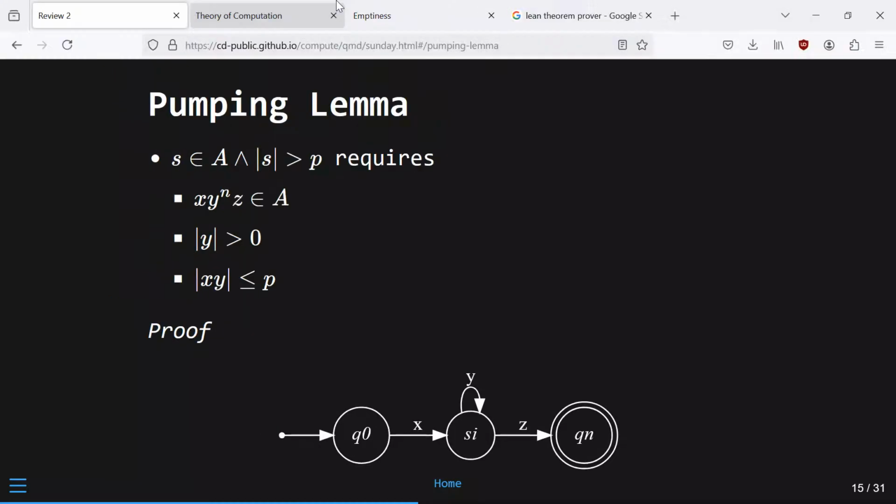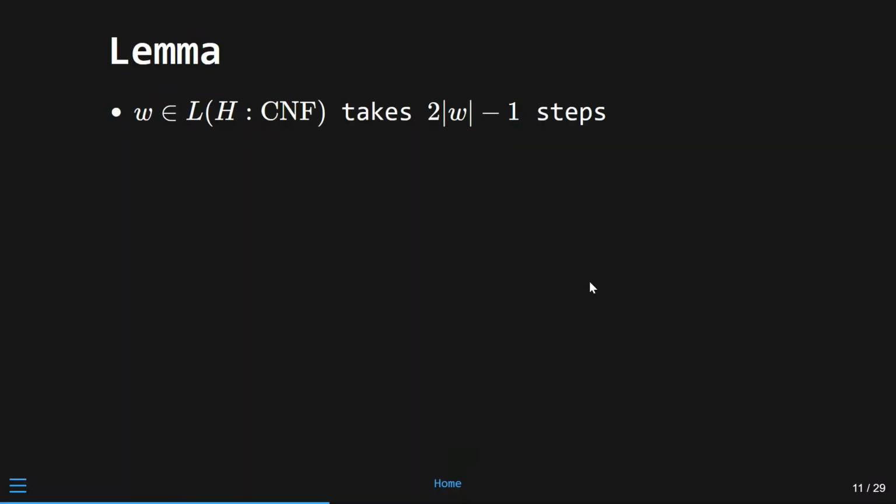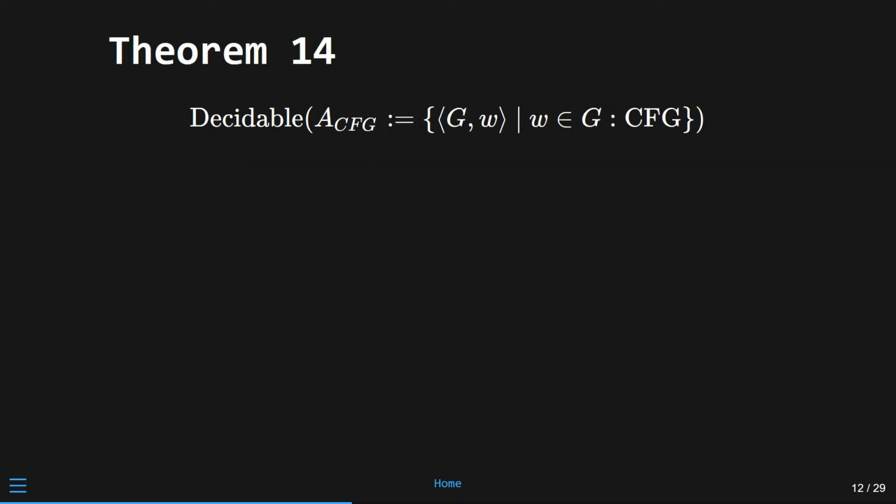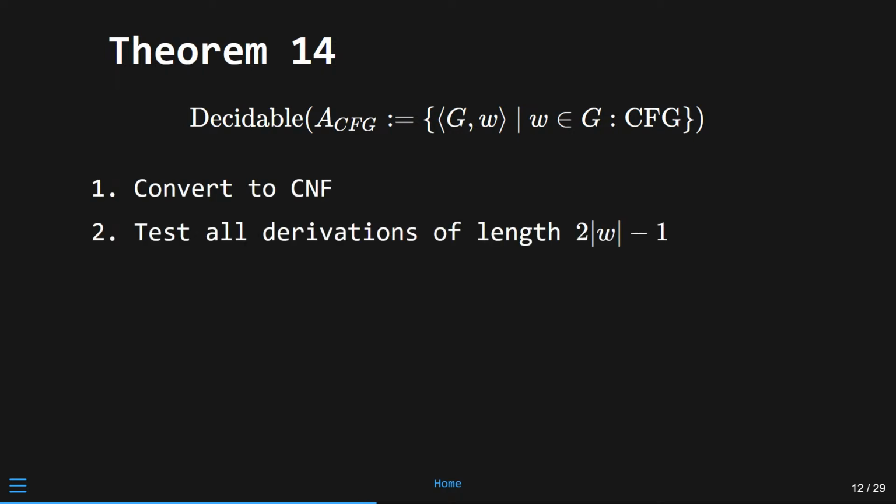But not yet. So you can write this proof in Lean, for example. And it's a simple pattern matching thing. Theorem 14, decidable, ACFG. This is the thing we were trying to solve, and we didn't want to have infinite loops. I just took out my infinite loops by showing I can turn everything into Chomsky normal form. I convert the CFG to Chomsky normal form.